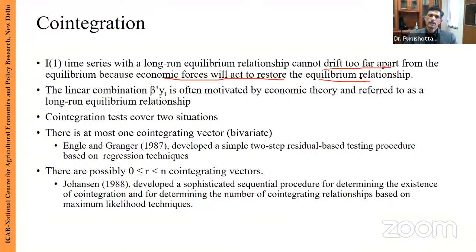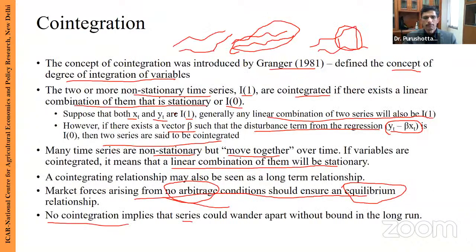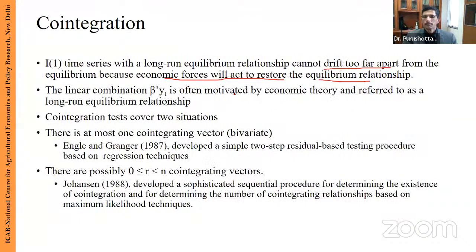Any linear combination of this vector of betas is often motivated by economic theory and referred to as a long-run equilibrium relationship, which we are going to test in our practical example. So there are two kinds of situations or tests we are going to cover in this co-integration analysis.